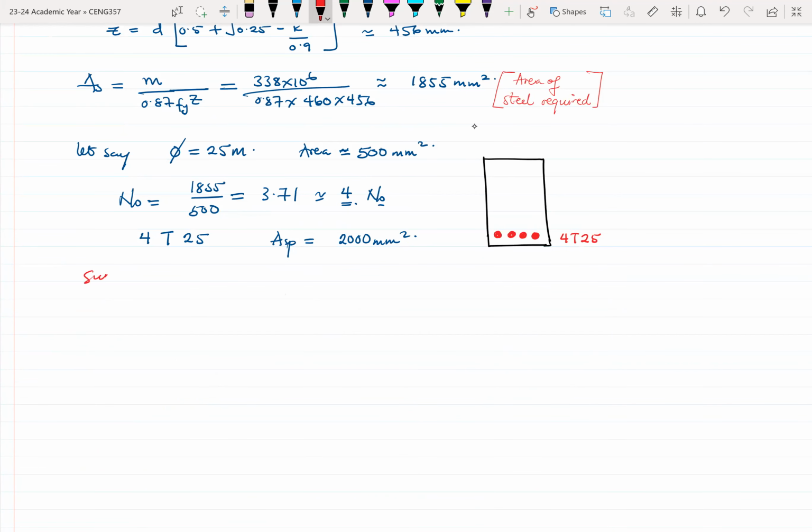So sometimes we curtail the number of rebars going to the support.